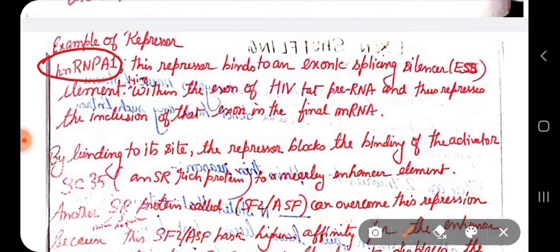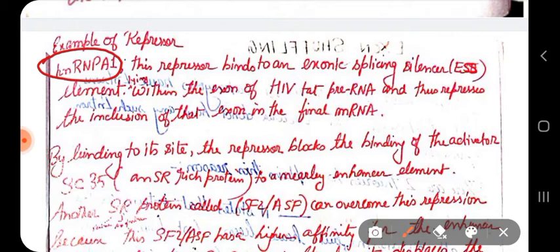This HNRNPA1 protein directly binds to the polypyrimidine tract, which is located within the intron, and blocks the basic splicing machinery, like the branch point binding protein BBP, then U2AF, U2 auxiliary factor. It prevents binding at that polypyrimidine tract, and thus HNRNP1 is also called polypyrimidine tract binding protein.